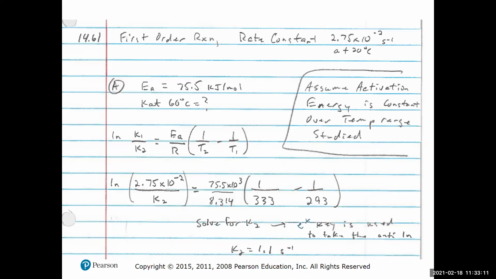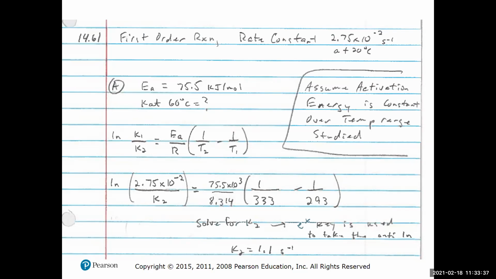Okay, so we're told what it is at 20. We want to know now what it is at 60, and we're given the activation energy. Okay, and so let's take a look at how we solve this problem then. You have our formula, the Arrhenius formula, for when we have two temperatures. Remember the one I told you we want to get good at.